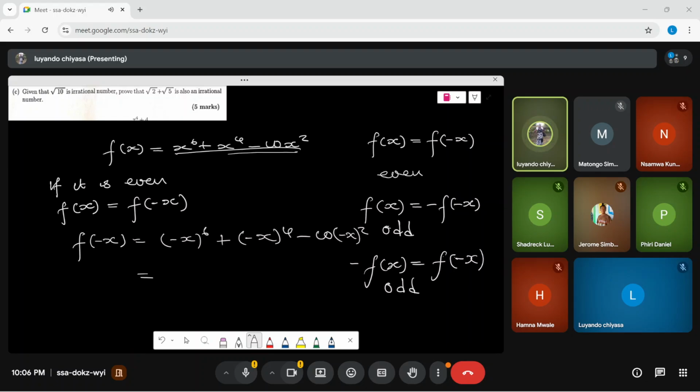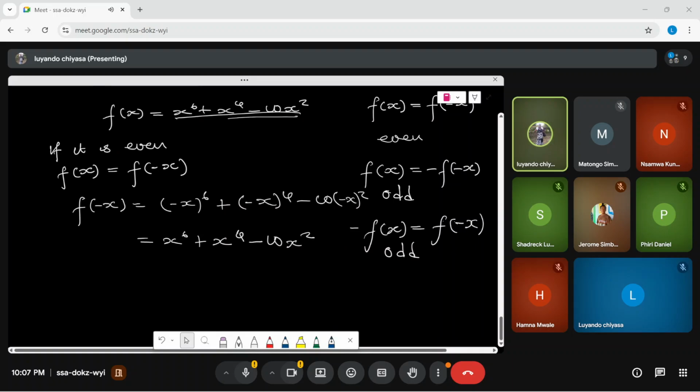If we evaluate this, here we'll just get x to the power 6 plus, here x to the power 4, minus 10, here x to the power 2, right? I'm waiting for a response. Are we together?